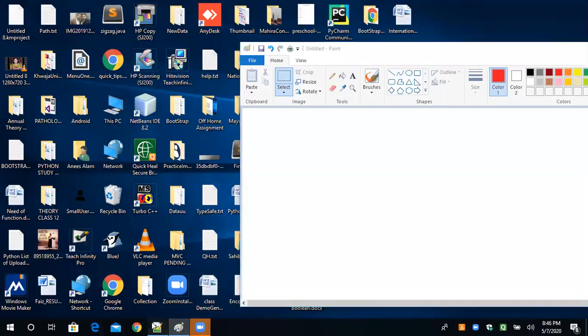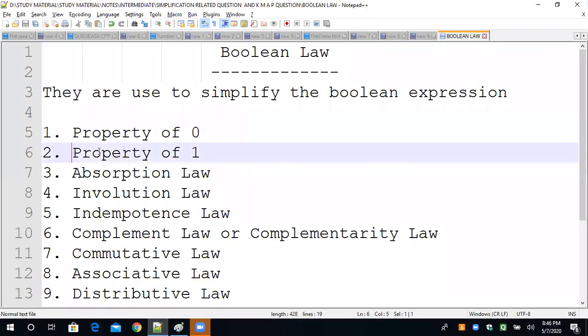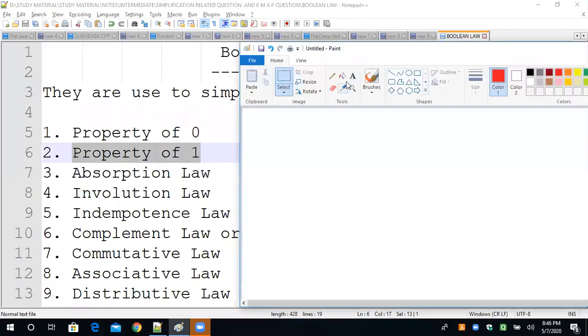Okay, so the next law is the property of 1. It is very much similar to the property of 0.